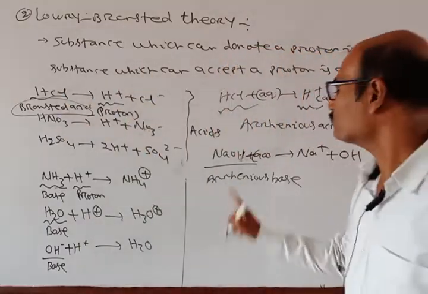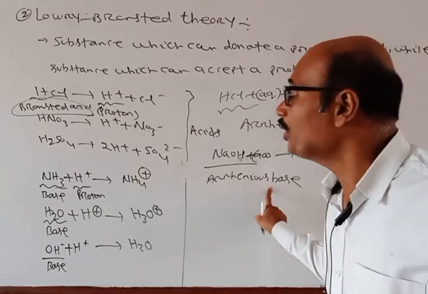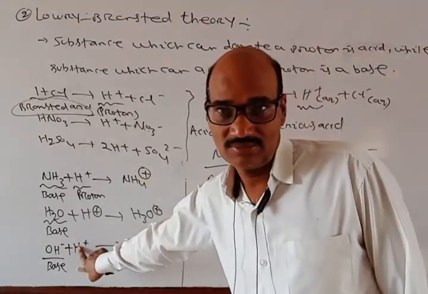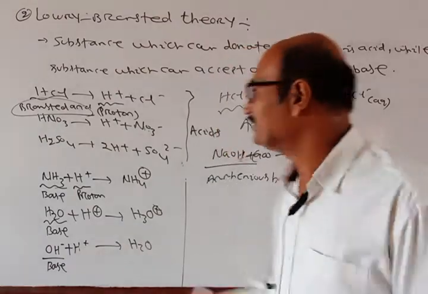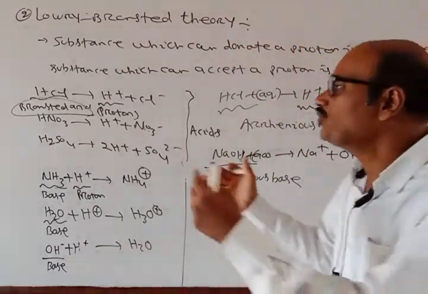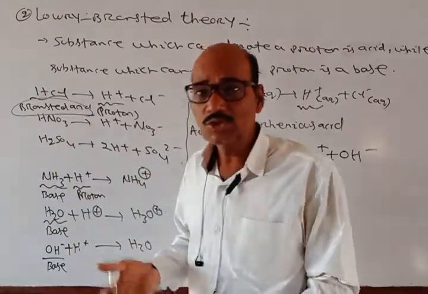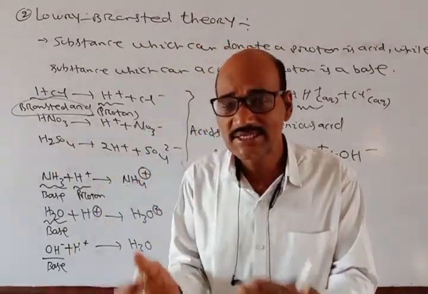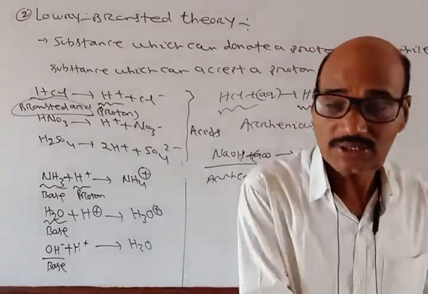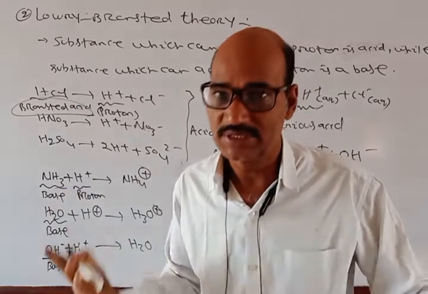That means all Arrhenius bases are not Bronsted bases. Because in Arrhenius acid we have H plus ion, and also in Bronsted acid we have the proton as H plus ion. So all Arrhenius acids are Bronsted acids, but all Arrhenius bases are not Bronsted bases.